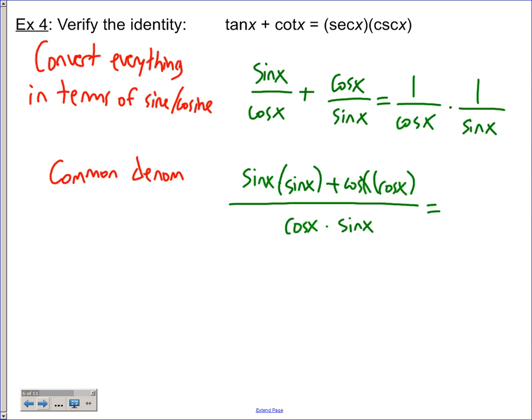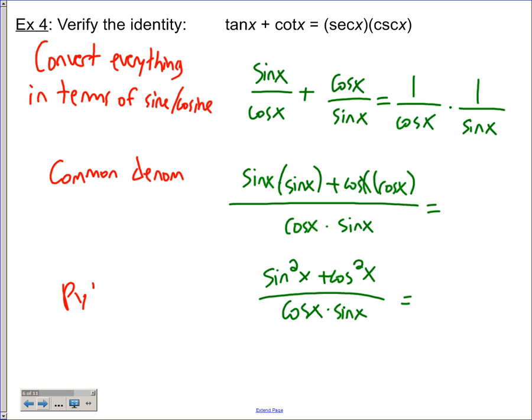All right, why did we do that? Well, now you can see in the numerator we've got sine squared x and we've got cosine squared x. And since we're adding them, over cosine x times sine of x. So if we add sine squared x plus cosine squared x, we get 1 based on our Pythagorean identity. So that's a very common identity that we use.